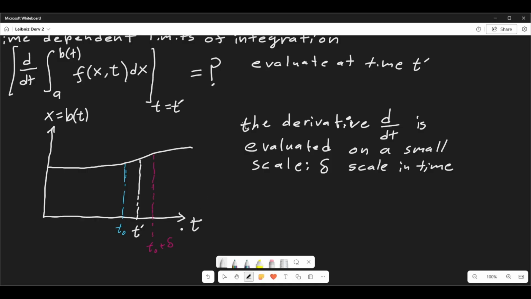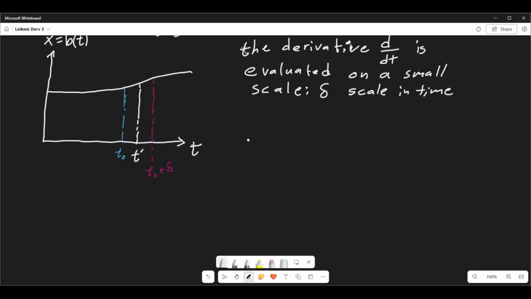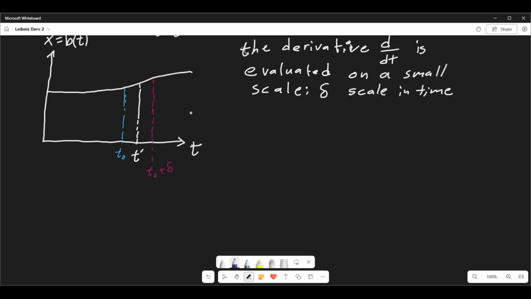So then I'm going to add some definitions. So basically, go back. I'm going to define this location to be B naught.